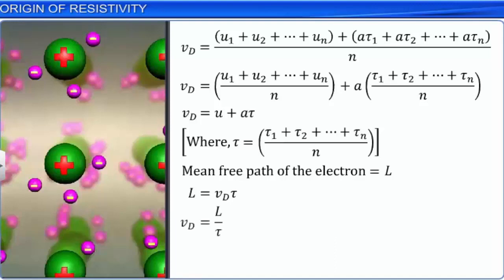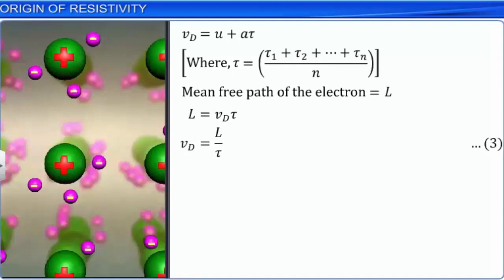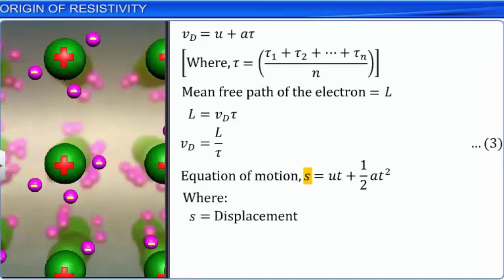We also get L using the equation of motion, s is equal to ut plus half at square in kinematics, where s is the displacement, u is the initial velocity, a is the acceleration, and t is the time.